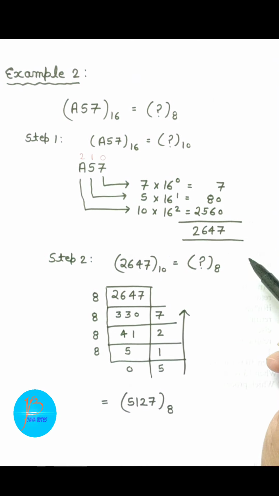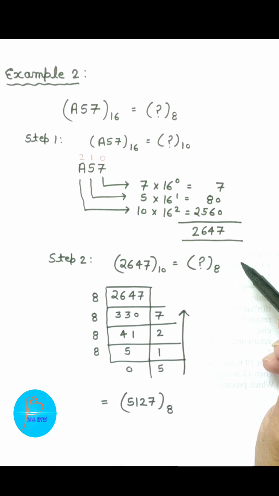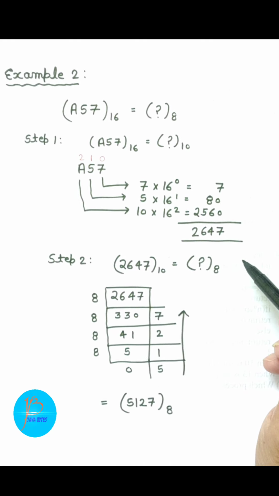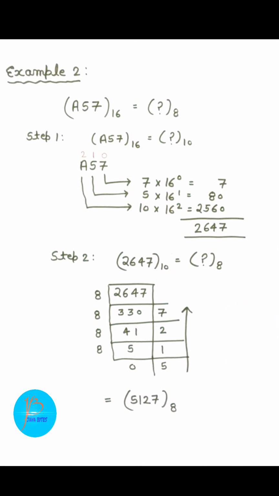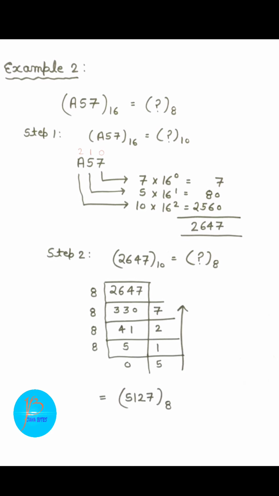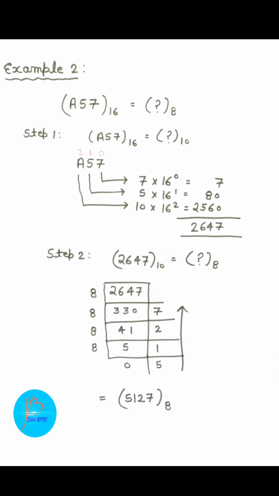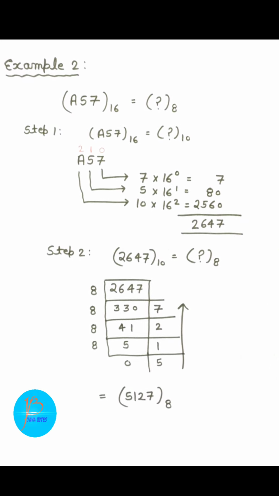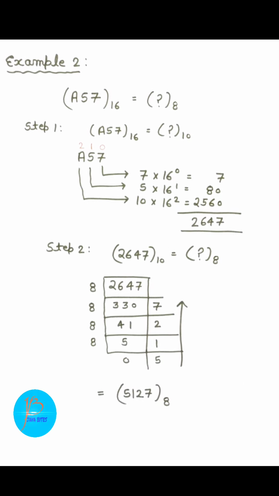Again you know now that it is also a two-step process. First of all you will convert the given number to its decimal equivalent, and after that whatever the result is, you will convert that into its octal equivalent. Now look at the solution.